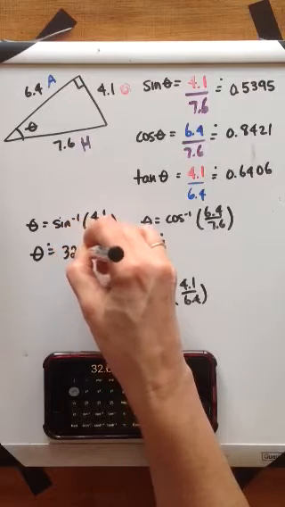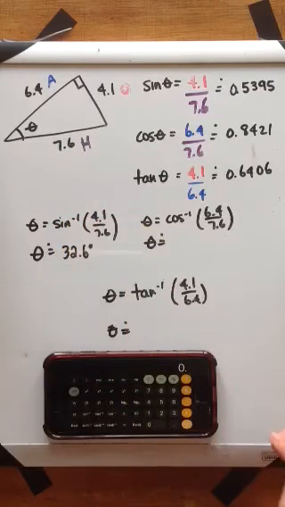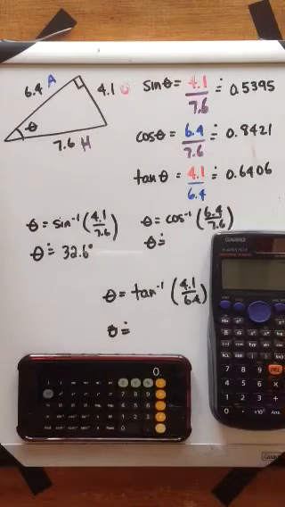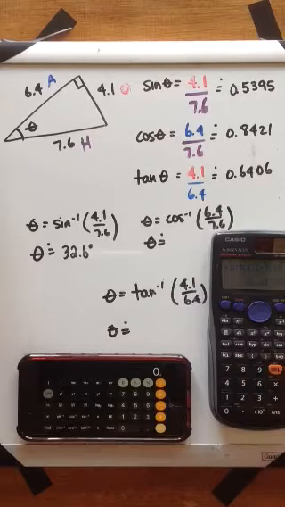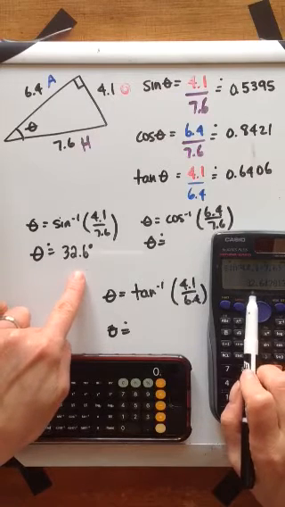Or sorry, 32.6 degrees. Okay? If we clarify on this one, we should match. Let's see. If I do inverse sine of 4.1 divided by 7.6, I also get 32.6 degrees.